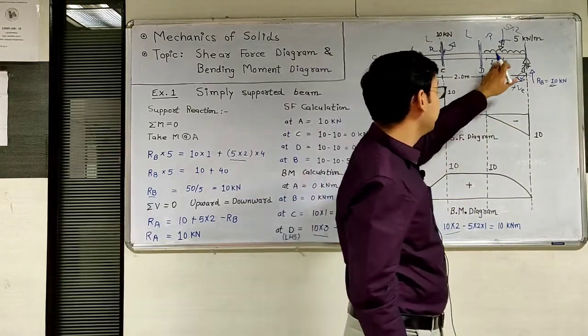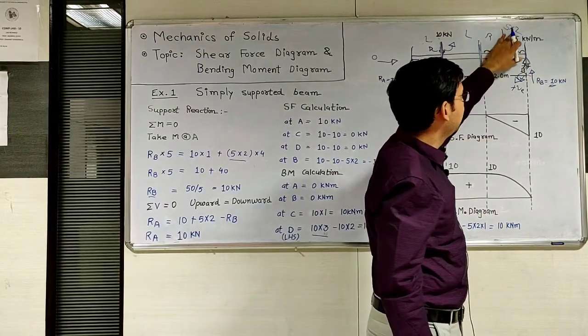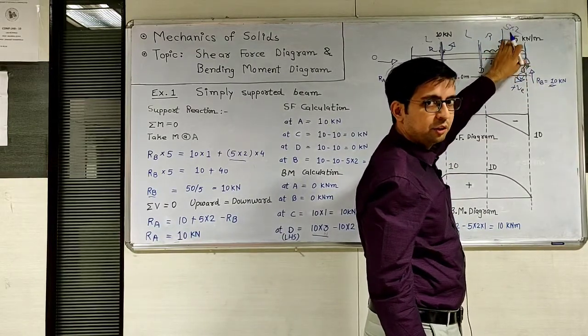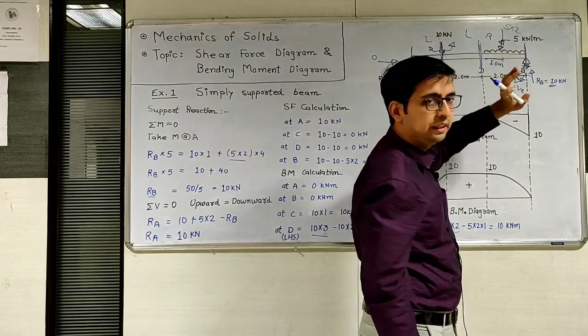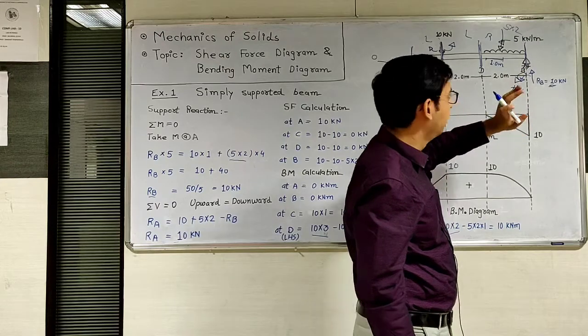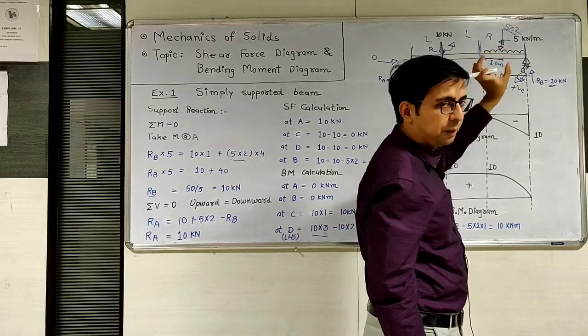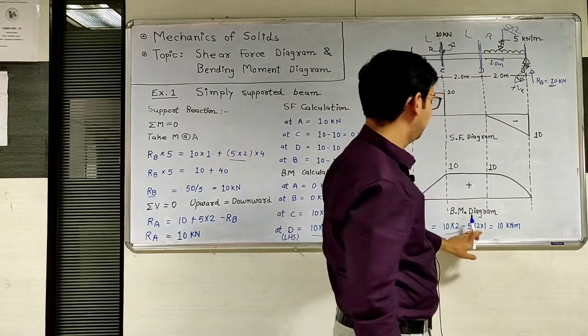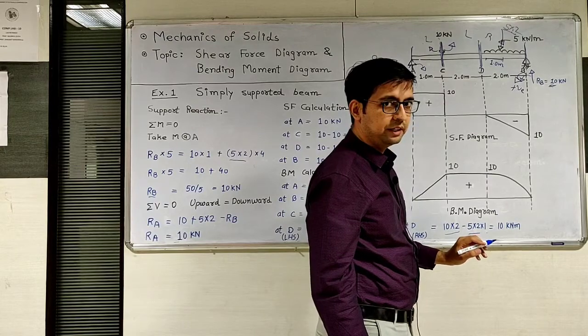Now next, the moment is due to this UDL. So first of all, 5 into 2 applied at the center, UDL to point load conversion, and from the center the perpendicular distance is 1. So 5 into 2 is the force and 1 is the perpendicular distance.